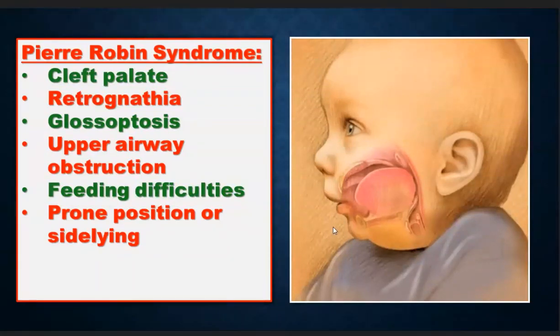And this is the only condition that allows you to advise the family to put the patient in this position, because the normal position for newborns and infants is supine, to avoid what? Sudden infant death syndrome. Yes, to avoid SIDS. But in Pierre Robin syndrome, you can put them in prone or side-lying position.